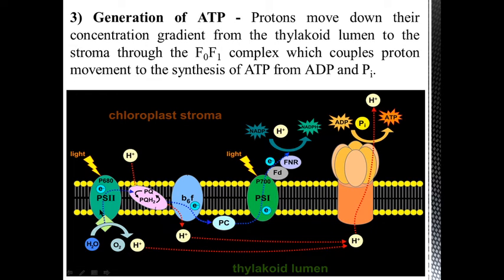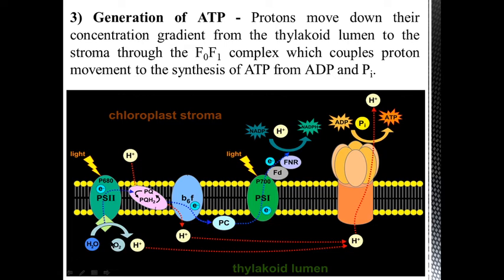Now students, side by side here, oxidation of water molecules occurs. That means breakdown of water molecules into protons and electrons and release of some amount of oxygen. Now during photosynthesis, the oxygen released comes from water molecules, not from carbon dioxide.